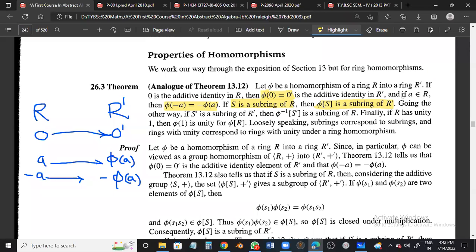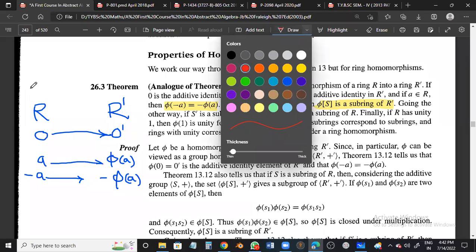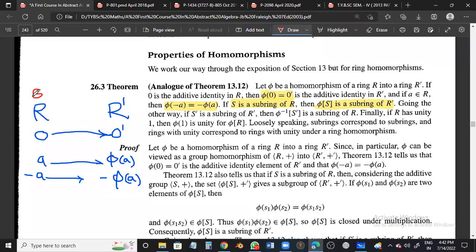Phi is a homomorphism. Okay. So you selected your S from R. If you take S from R, you get phi of S in R dash. Phi of S is also a subring.